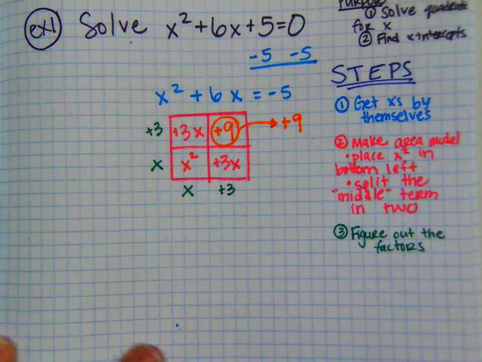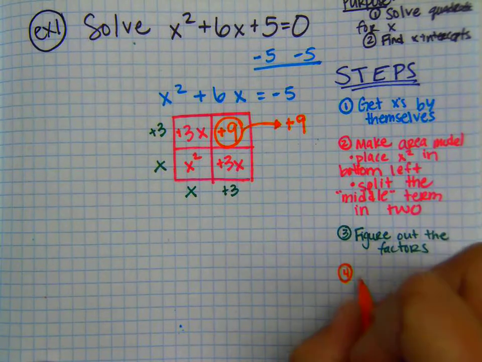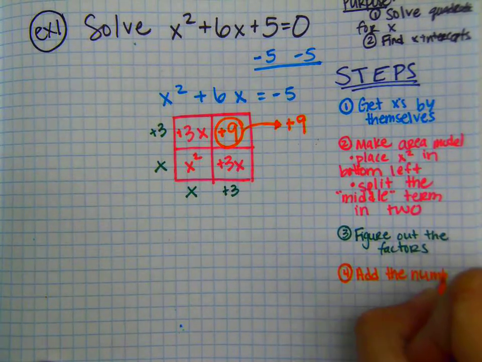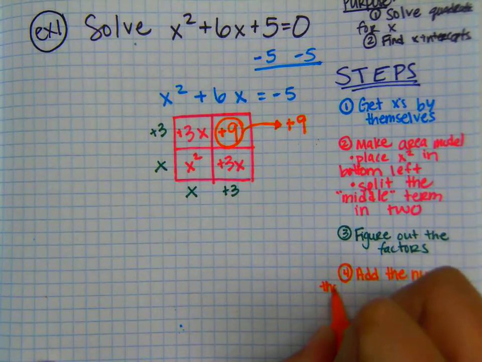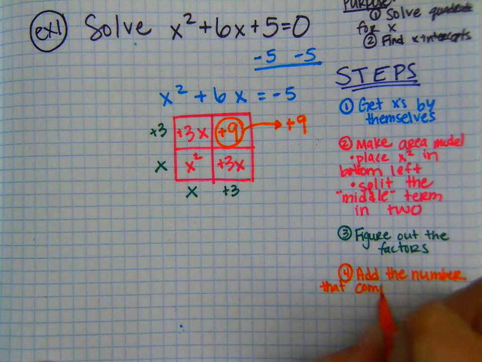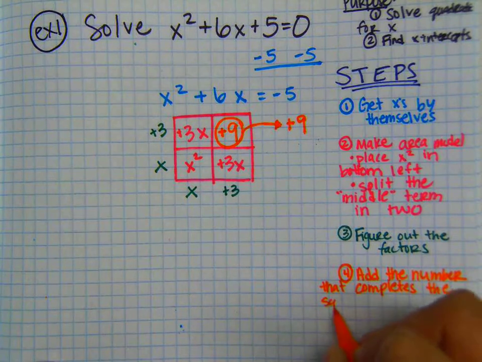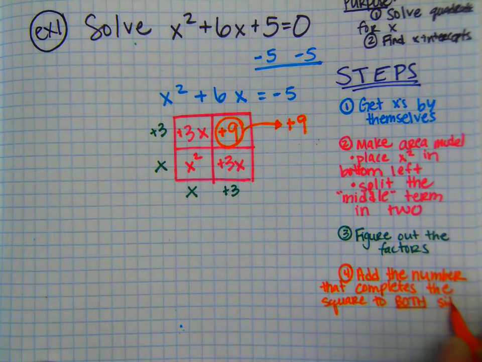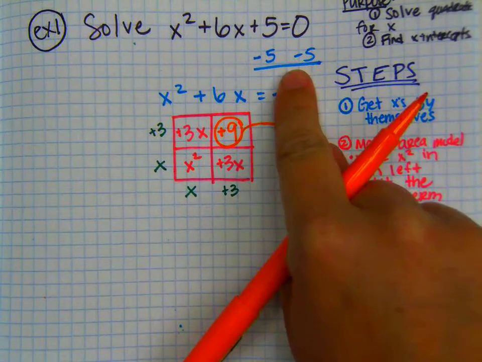So my step 4, add a number that completes the square to both sides. So I added it here. I also have to add it over here.